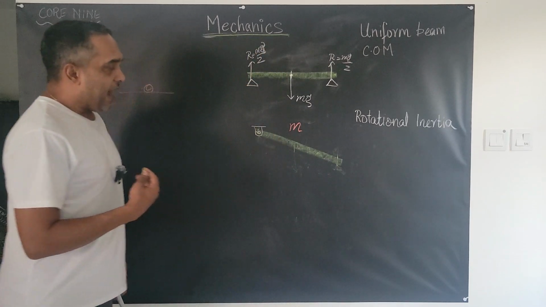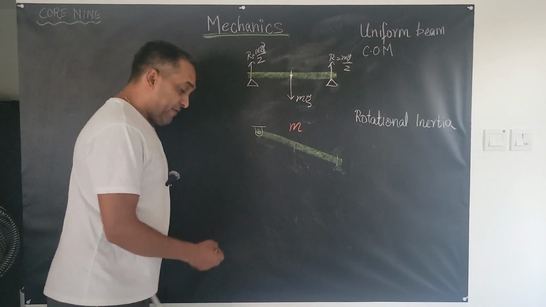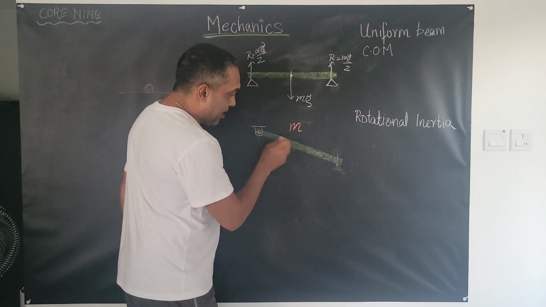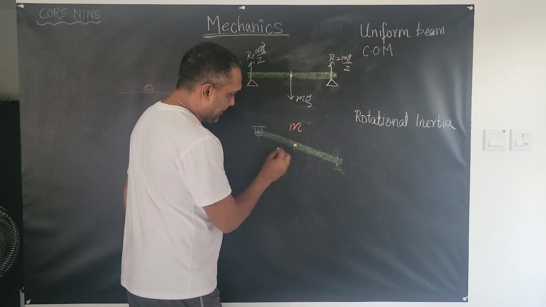But how do we understand how much this rotational inertia is? And effectively, the rotational inertia is simply its mass. So take the mass of this object, and assume this is the center of mass.